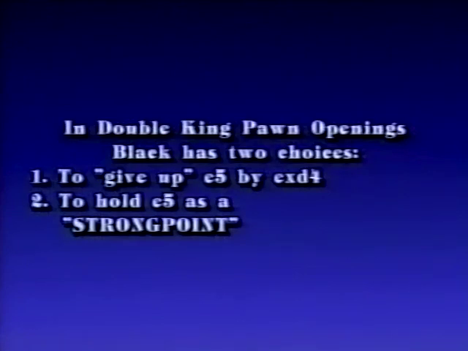First, to give up the strong point square e5, which results from the Scotch game and center game, or second, to counteract White's efforts to attack his e-pawn by maintaining a strong point on e5, usually the result of playing the Ruy Lopez or Philidor defense or similar defenses.